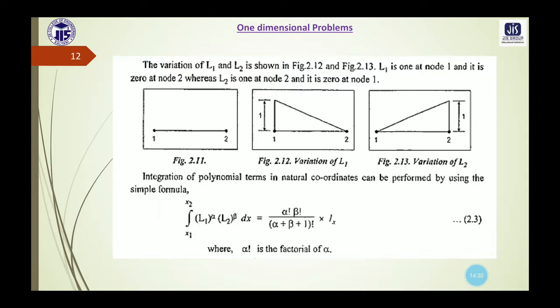This variation of L1 and L2 is shown in figures 2.12 and 2.13. L1 is 1 at node 1 and it is 0 at node 2, but L2 is 1 at node 2 and it is 0 at node 1.